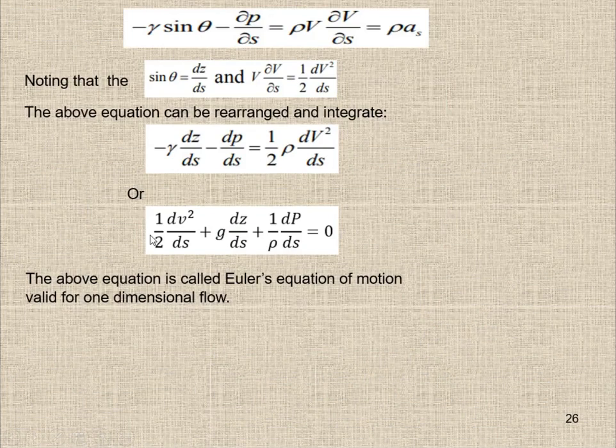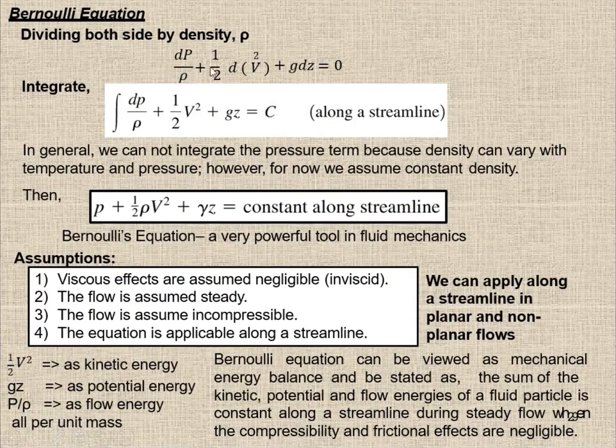If I transfer ds to the other side, we get the equation at the beginning of the Bernoulli equation, and that will be equal to 0. Now if I divide the whole equation by density, it will become like this.